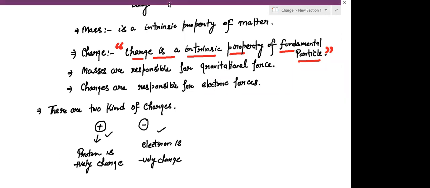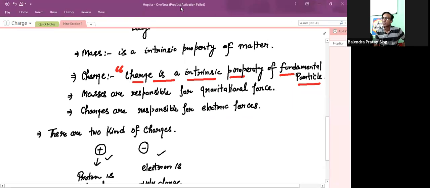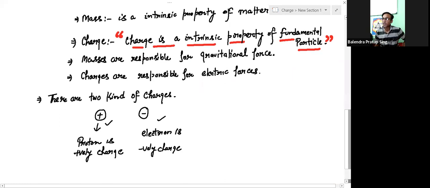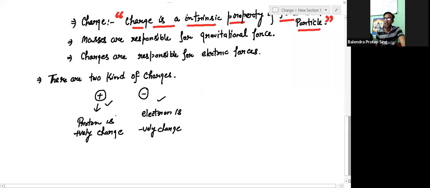So next I'm going to discuss: proton is positively charged and electron is negatively charged. Another particle is the neutron.